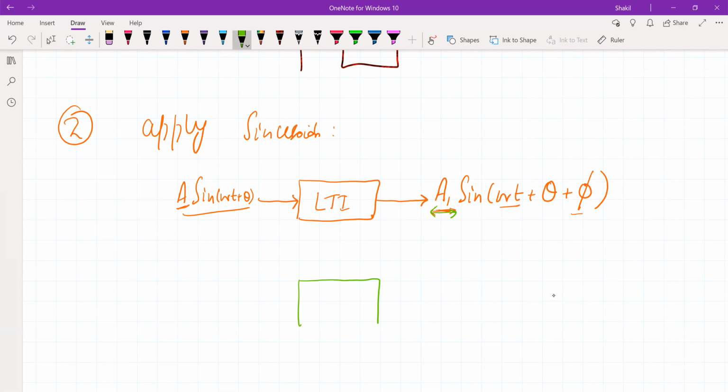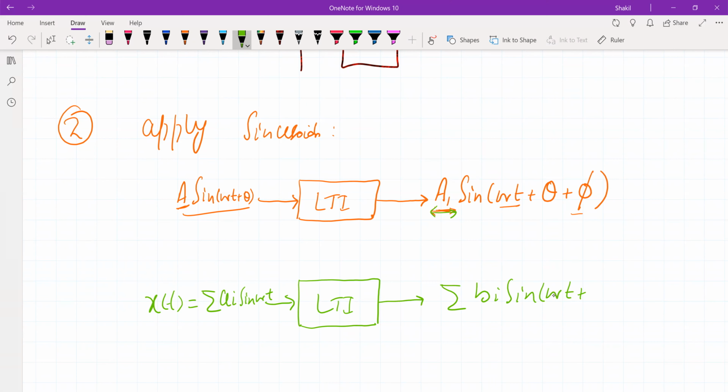And when we express x of t as a weighted sum of sinusoids, we see the output will simply be like bi sine omega i t plus some phase.